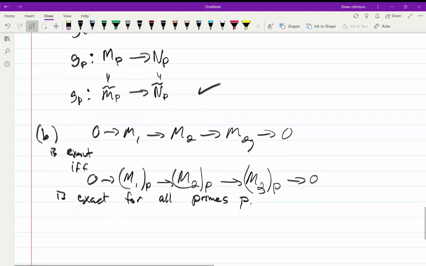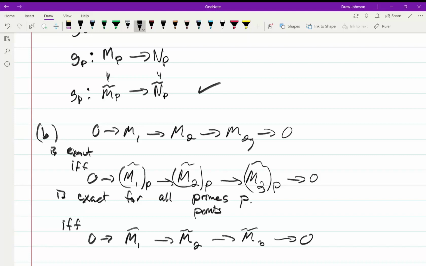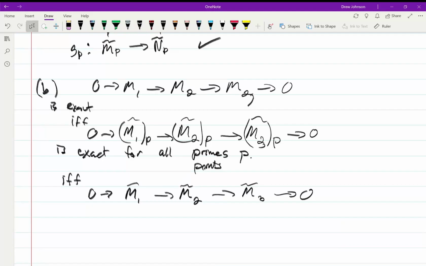Okay, but remember this is the same as taking the stalks of the tildes, so we can put tildes on these, and then this is exact for every point P, and that's exact if and only if the maps on sheaves are exact. So I think that was an exercise from the last chapter, that a sequence of sheaves is exact if and only if it was exact at every stalk.